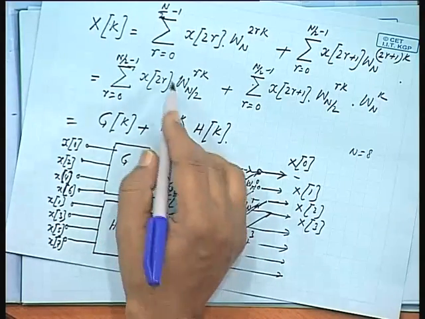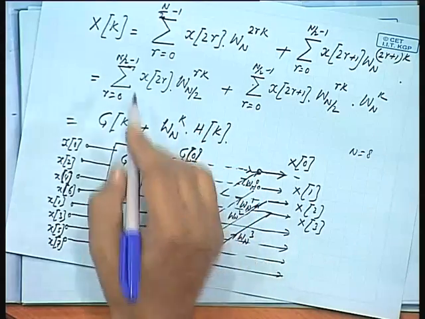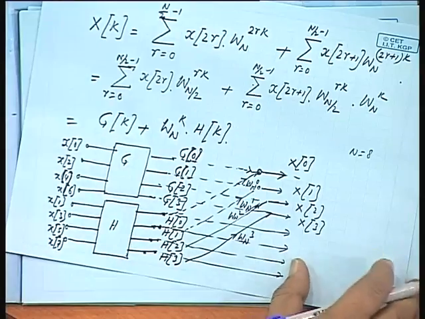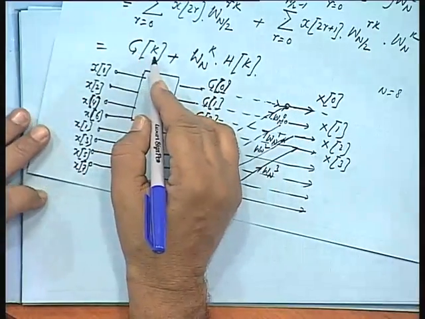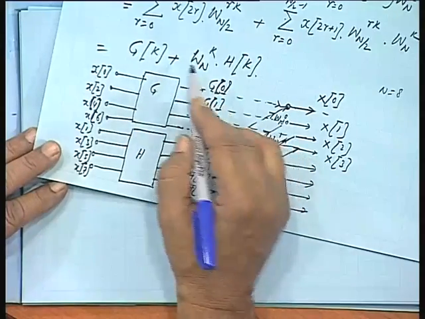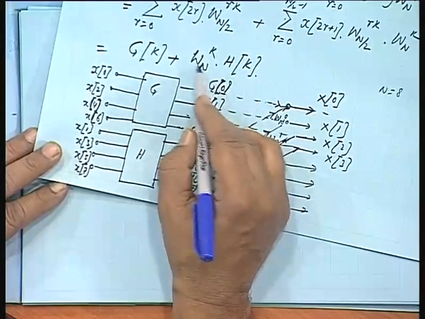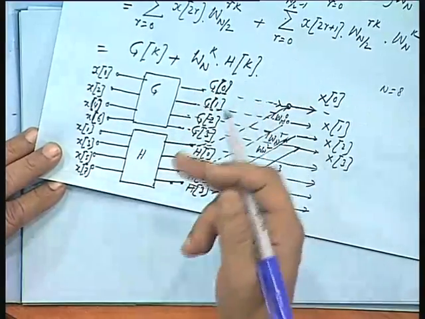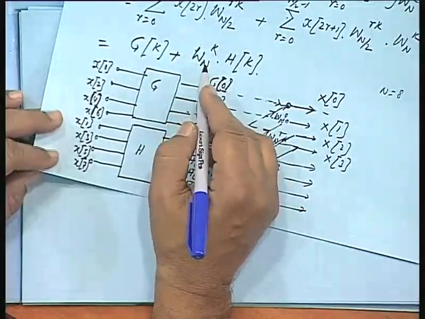But you see here, when I put different values of r, it is basically G0 minus H0, that gives me a negative sign, that gives me X4. All right, because why? Because G_k is also periodic. It is a 4-point sequence, so after every 4 points it will be periodic. So, G5 is same as G1, G6 is same as G2 and so on. So, it is only this multiplier which will have negative signs.